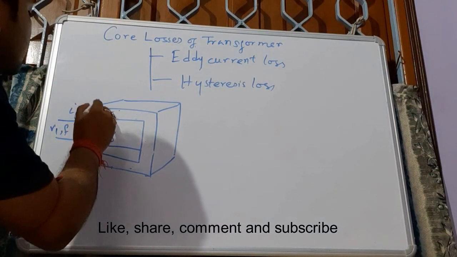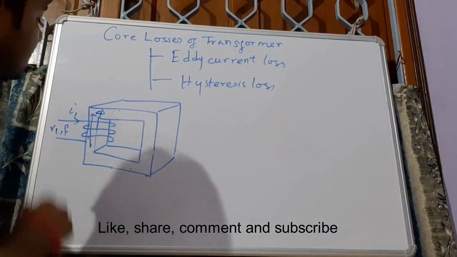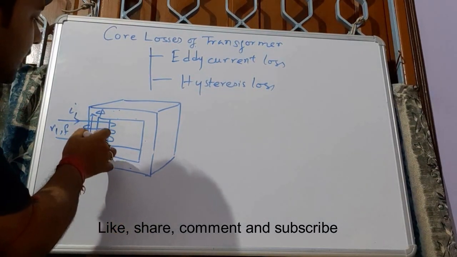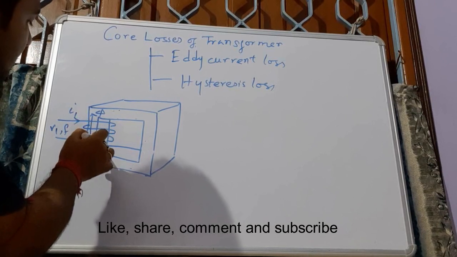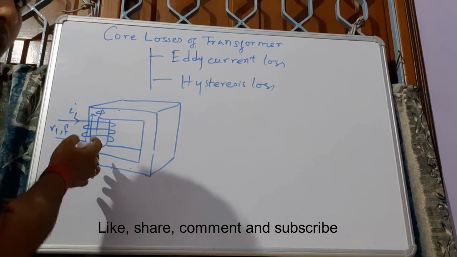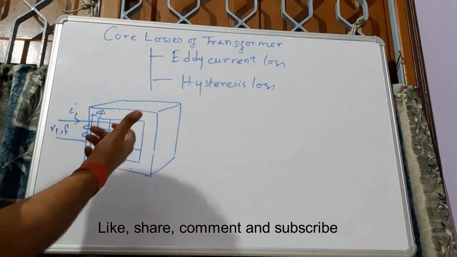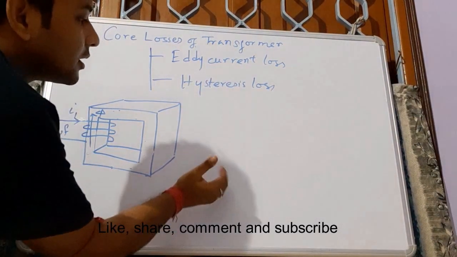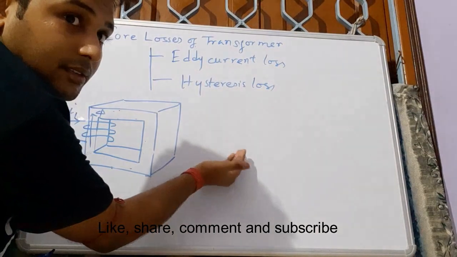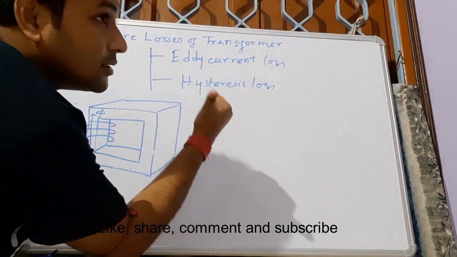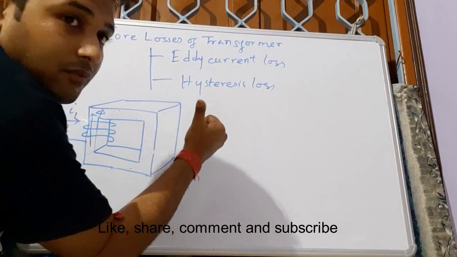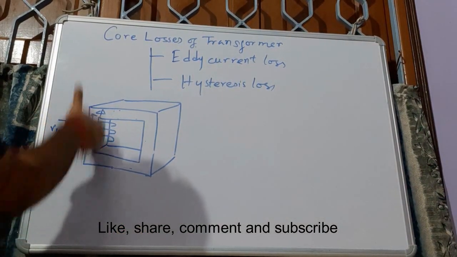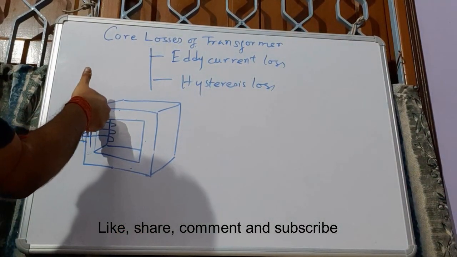So the direction of flux will be this. How can we determine the direction of flux? By using right hand thumb rule. Suppose this is your direction of current. This will be your direction of flux. So flux will be in this direction.